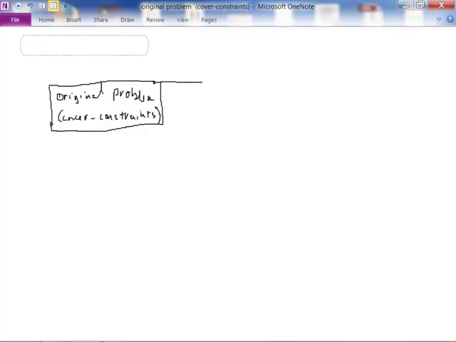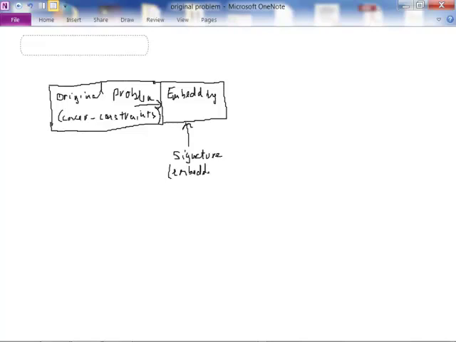And then there's an embedding algorithm. The inputs here are the original cover problem, the cover constraints, and then the signature. And remember, the signature comes in the form of an additional set of constraints that are called the embedded constraints.